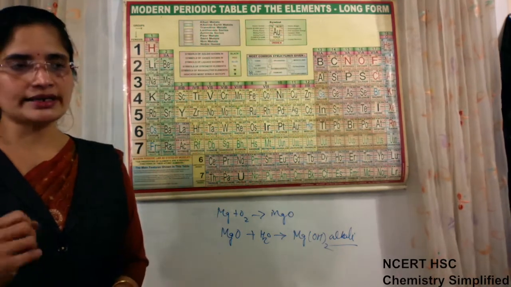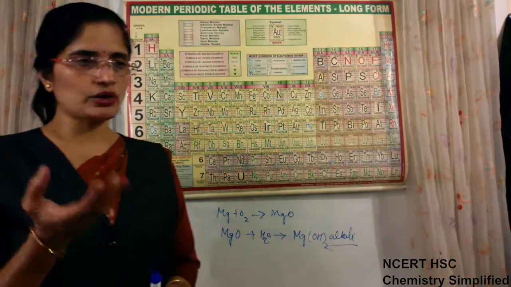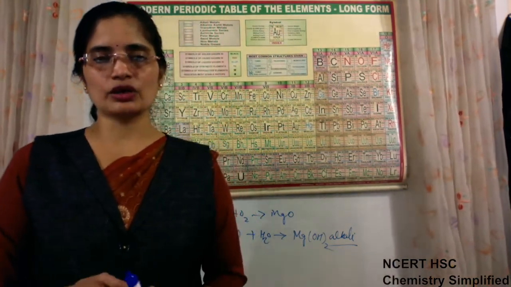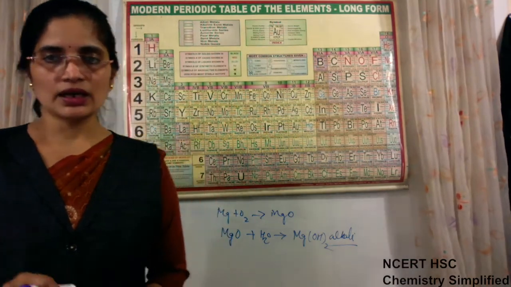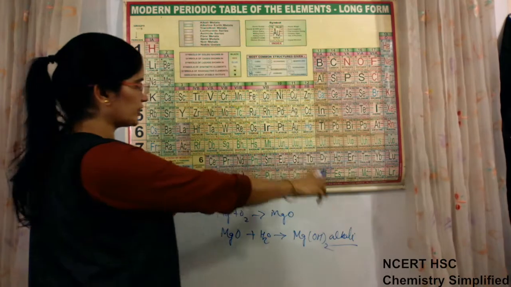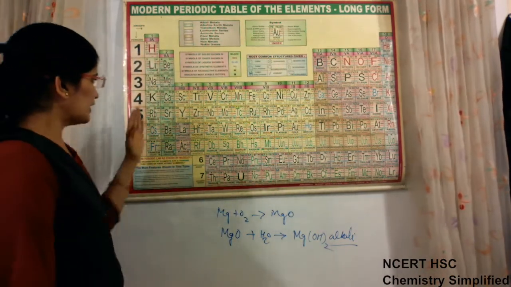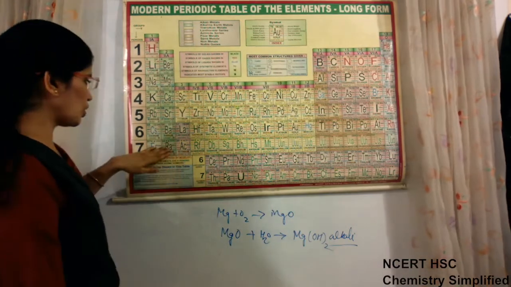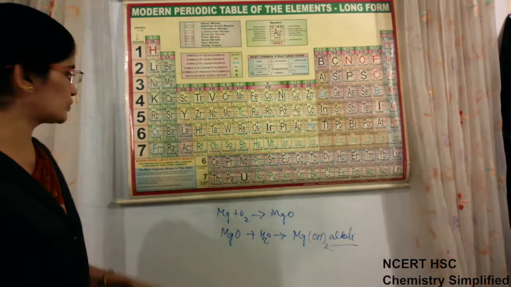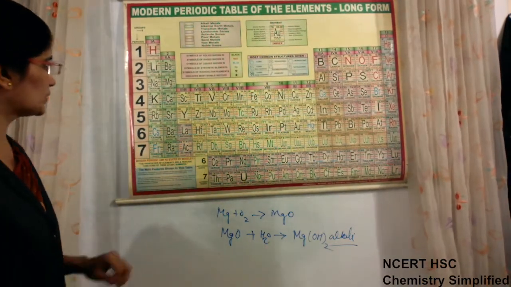Because radioactive substances are always unstable, so their lifespan is very small, and we are not able to study their properties properly. Very little is known about these radioactive elements, so whenever we talk about the groups, we don't talk about the radioactive elements. Very little is known.